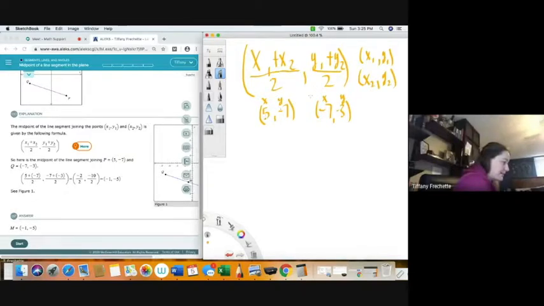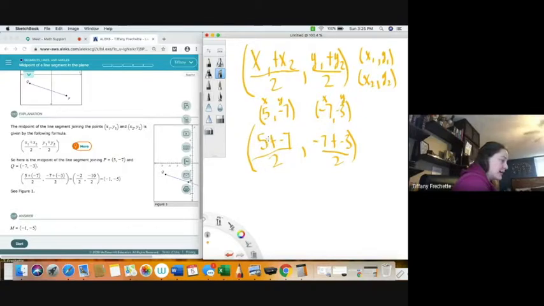We're going to divide by 2. So we have 5 plus -7 divided by 2, comma, and we start our parentheses, because again, this is a coordinate that we're coming up with. And then we're going to do our y, so we have -7 plus -3. And we're going to divide by 2.